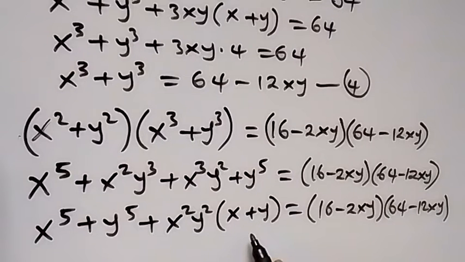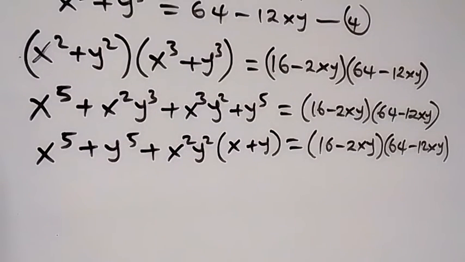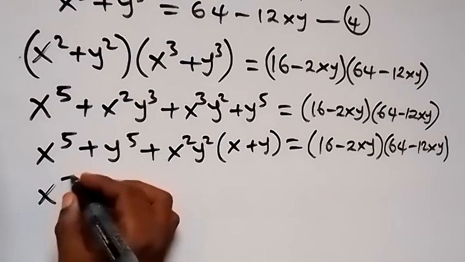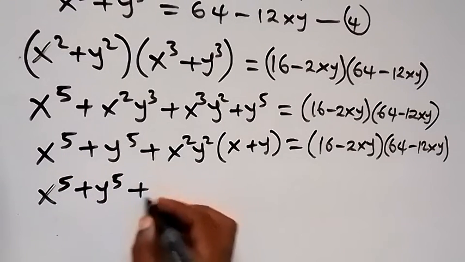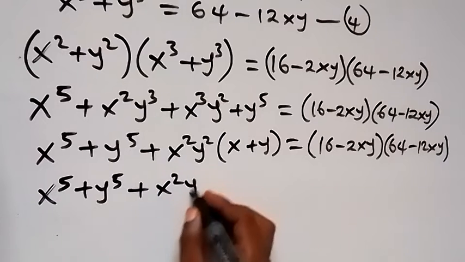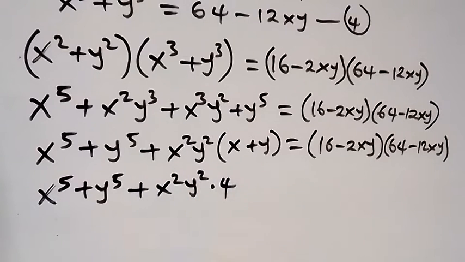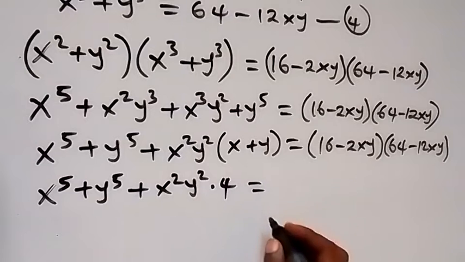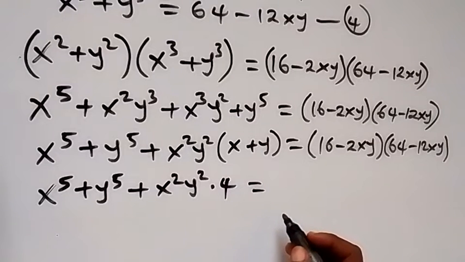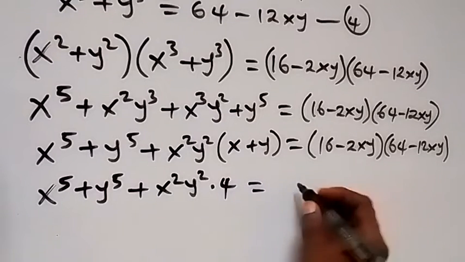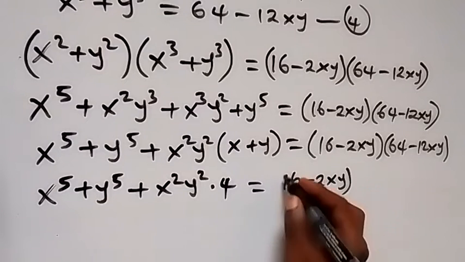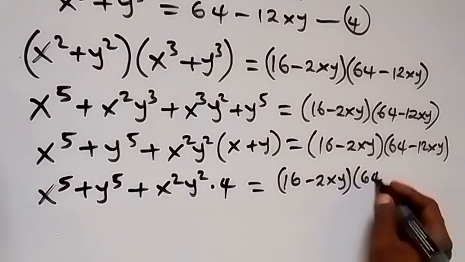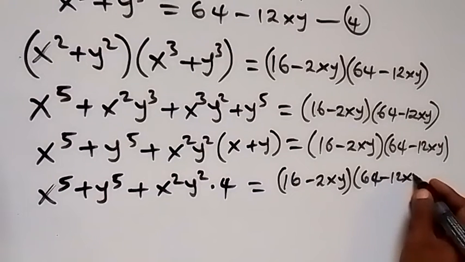So x raised to power 5 plus y raised to power 5, plus x squared y squared times 4, equals (16 minus 2xy) times (64 minus 12xy).